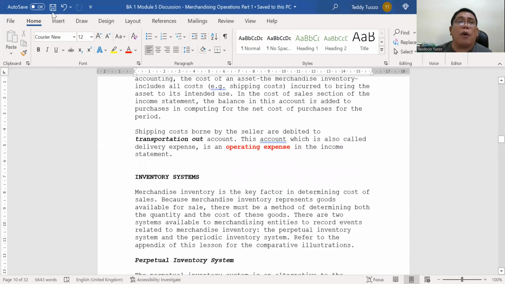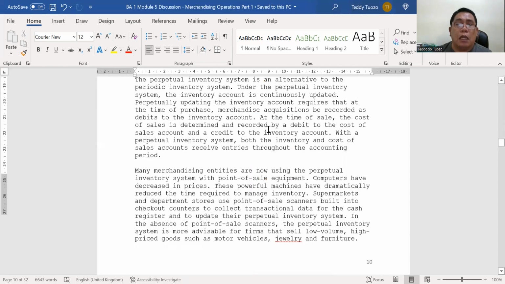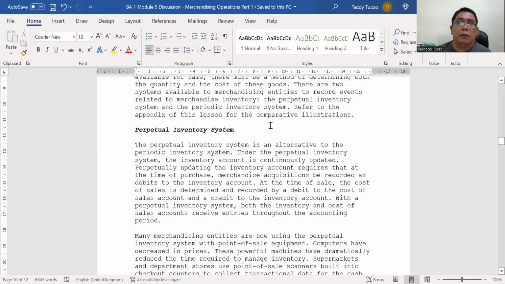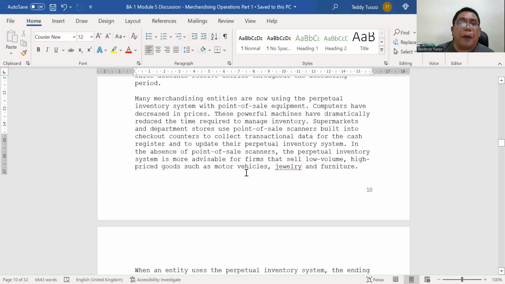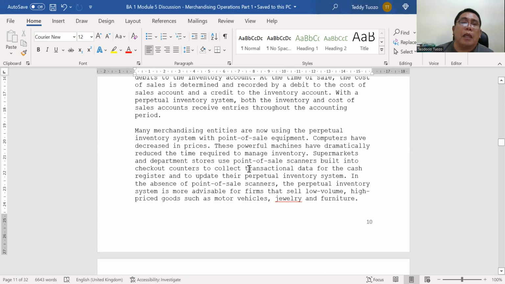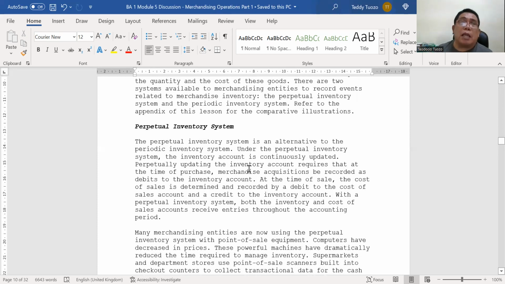Inventory systems. We have only two inventory systems. The perpetual inventory system and the periodic inventory system. When we say perpetual inventory system, class, it uses tanan tag-record ka dyan ang inventory pagsuyod, pag-out sa stock room, no, tag-record.